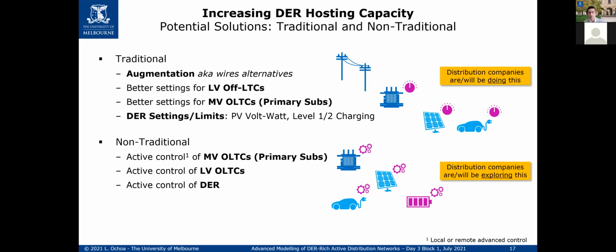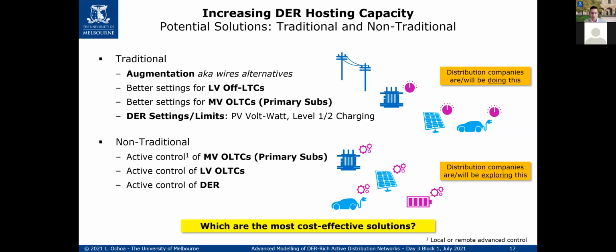This is not about going non-traditional or going full-blown with active control. This is about finding what is the most cost-effective, right? It is never about doing the clever thing, technically speaking. This is about doing the clever thing from a cost-effective perspective, right? So the question is, which are the most cost-effective solutions? That's what it is about.